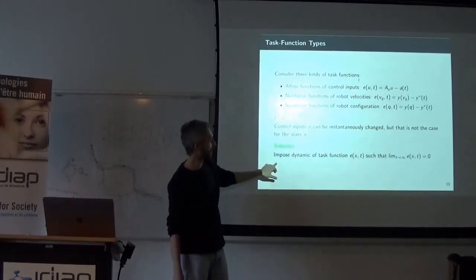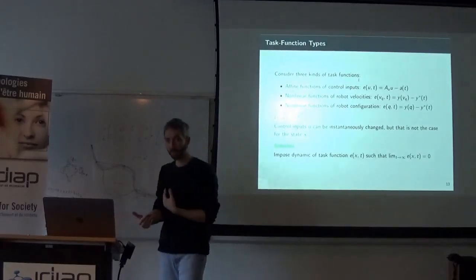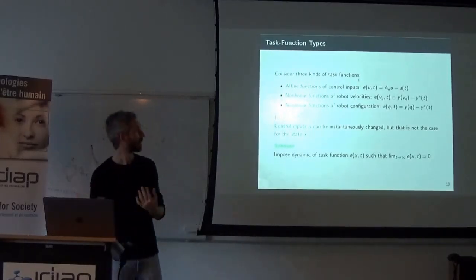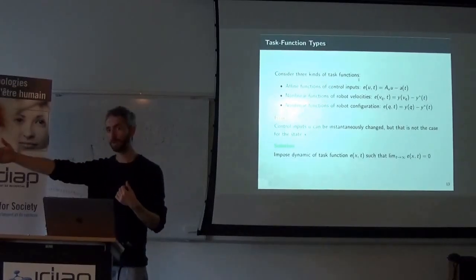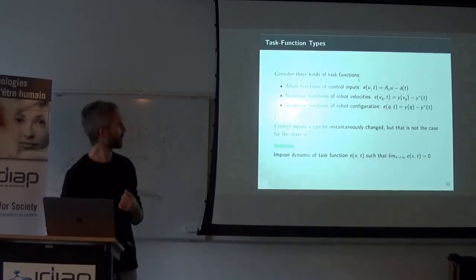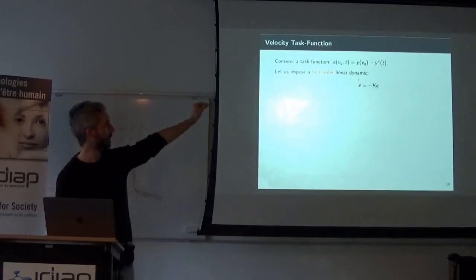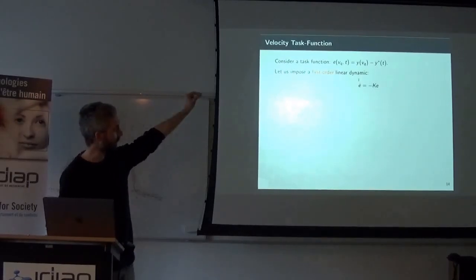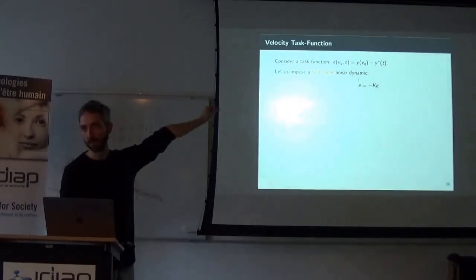So the only thing we can do is impose their derivative, first or second, such that this error function tends to zero as time goes to infinity. So this is exactly what we did here. We have this error function, and we say, okay, I would like this error function to follow this linear dynamics.